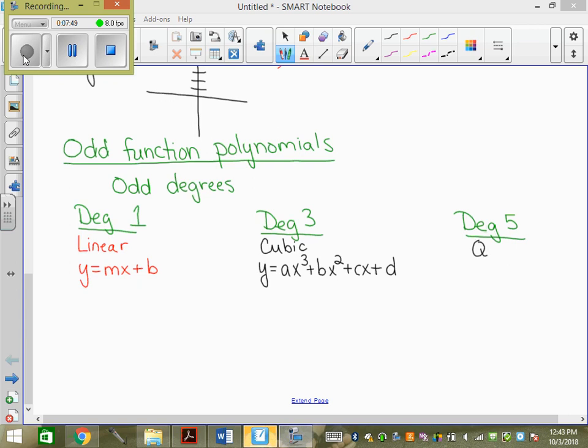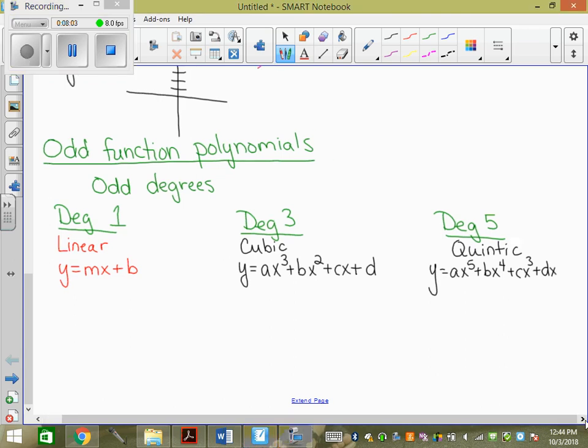This is quintic. Y equals ax to the 5 plus bx to the 4 plus cx cubed plus dx squared plus ex plus f. That's if every term existed. We don't need every term, right?